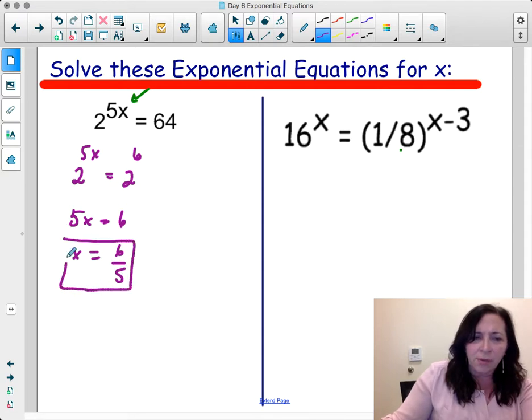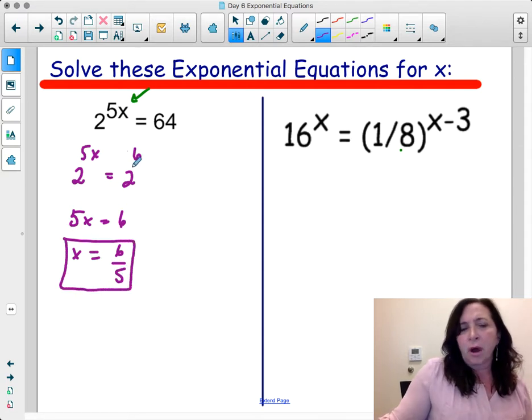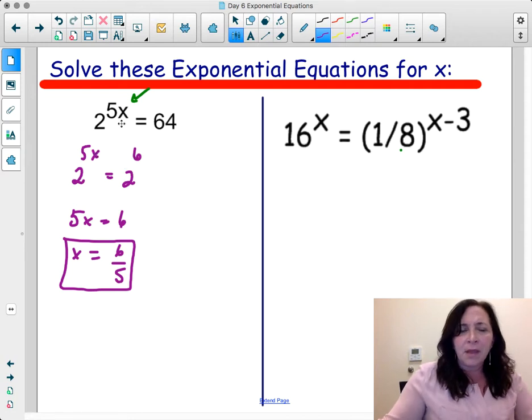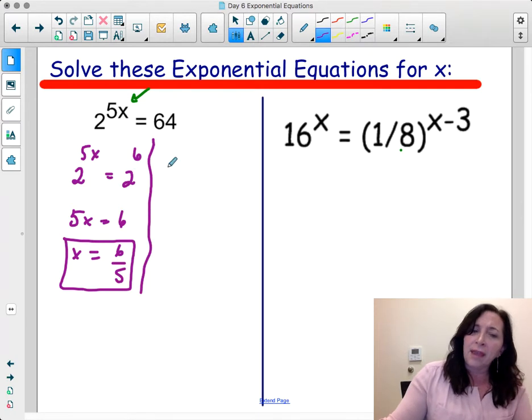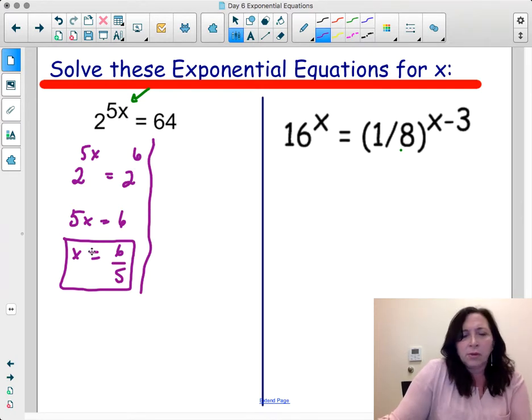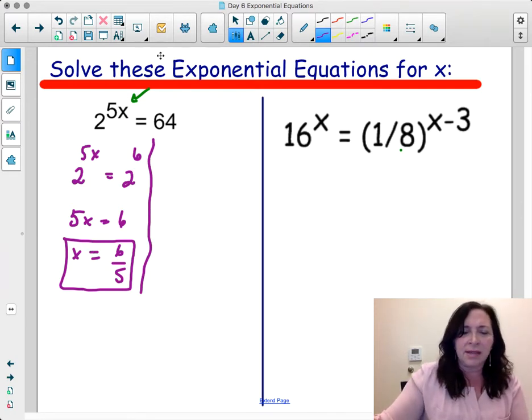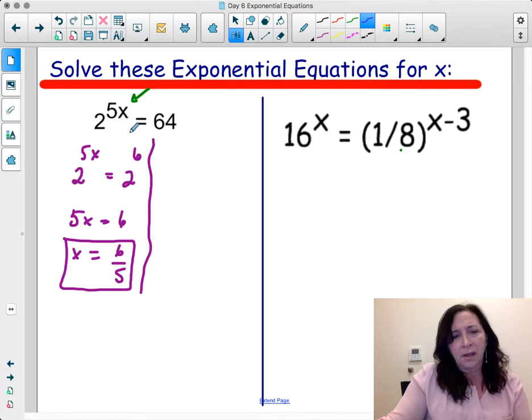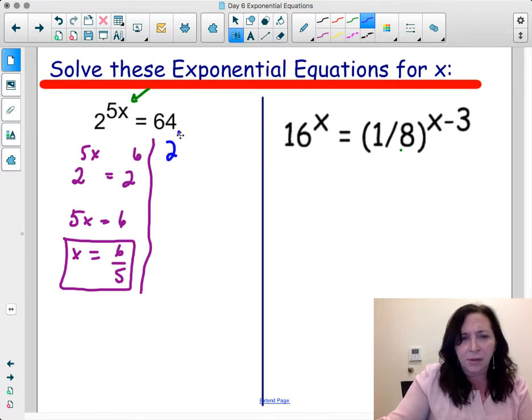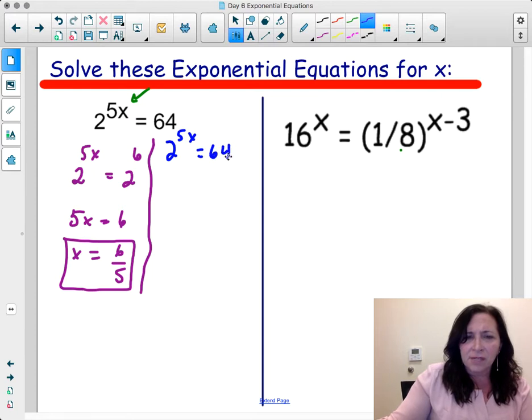I do want to remind you that we were working with logarithms prior, in that if I wanted to do this another way with a calculator, see here, I didn't need to do it because I didn't need a calculator. But if I had one available and I wanted to use that, I could do this another way, and that would be using logarithms. 2 to the 5x equals 64.